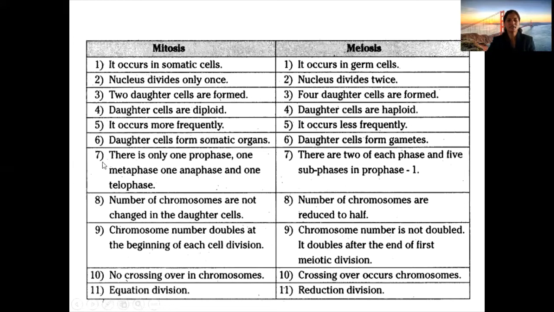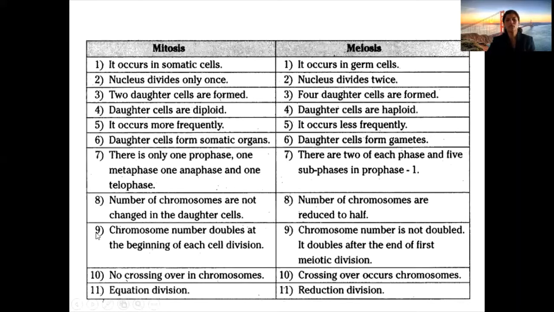Seventh point is there is only one prophase, one metaphase, one anaphase and one telophase in mitosis, and in case of meiosis there are 2 of each phase and 5 subphases in the prophase 1. Eighth point is number of chromosomes is not changed in the daughter cells in mitosis, and in case of meiosis the number of chromosomes is reduced to half.